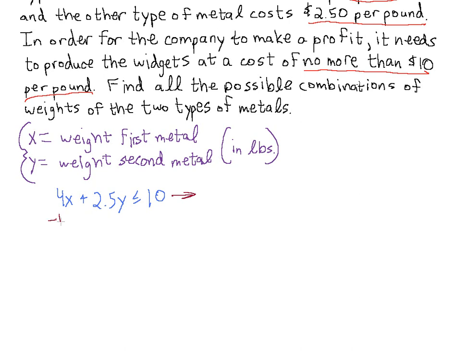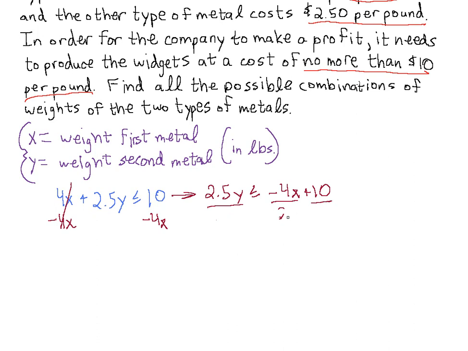We're going to subtract 4x from both sides. And I apologize, this is 4x, not 9x. These two terms cancel, so we have 2.5y is less than or equal to minus 4x plus 10. We can isolate our variable by dividing everything through by 2.5. Actually, let's convert this.